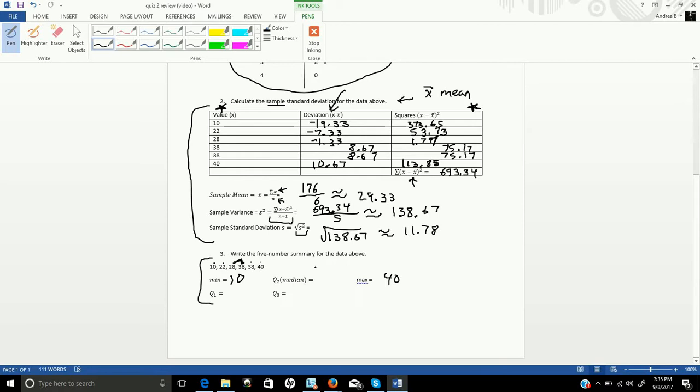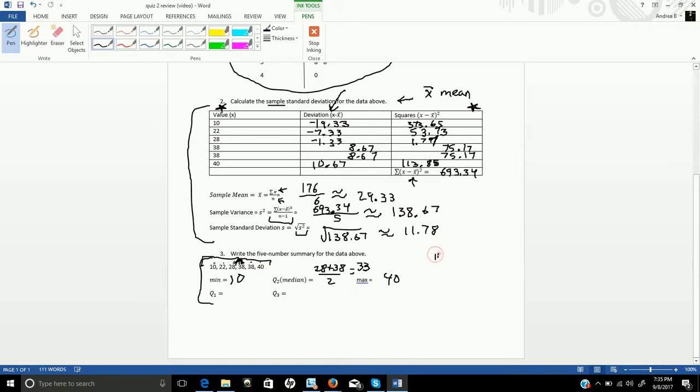And then since that middle number was in between those, that means we need to include the 28 and the 38 in the bottom half and the upper half. So in other words, our lower half, I'm going to rewrite it off to the side. We have 10, 22, and 28 is the lower half. I'm going to put L for lower half. To figure out Q1, it's the middle of the lower half. So Q1 would be 22, because that's the middle number of the lower half.